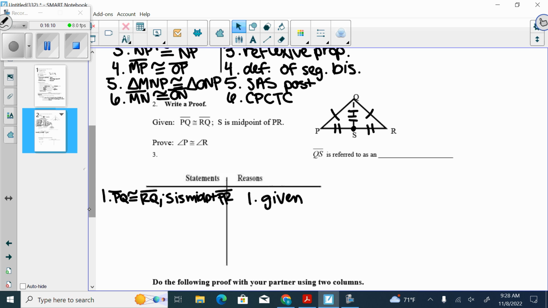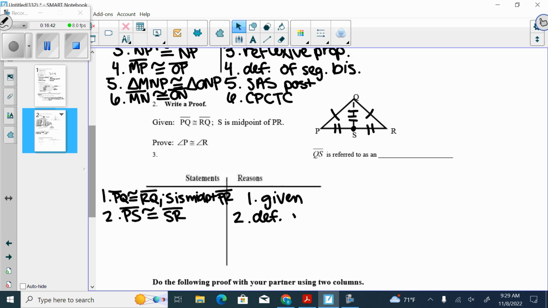Okay, well the first one, PQ, RQ, already stated, right? They already said those are congruent. So, the second thing that we mentioned was that PS and SR are congruent. So I'm going to say that next. PS congruent to SR. Why were we able to say that? They said segment bisector right here. What did they say? Midpoints. So that's my reason.